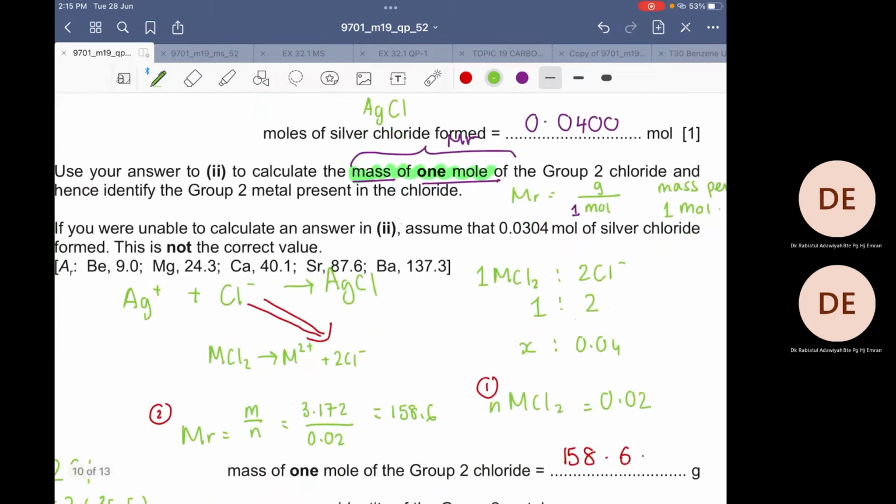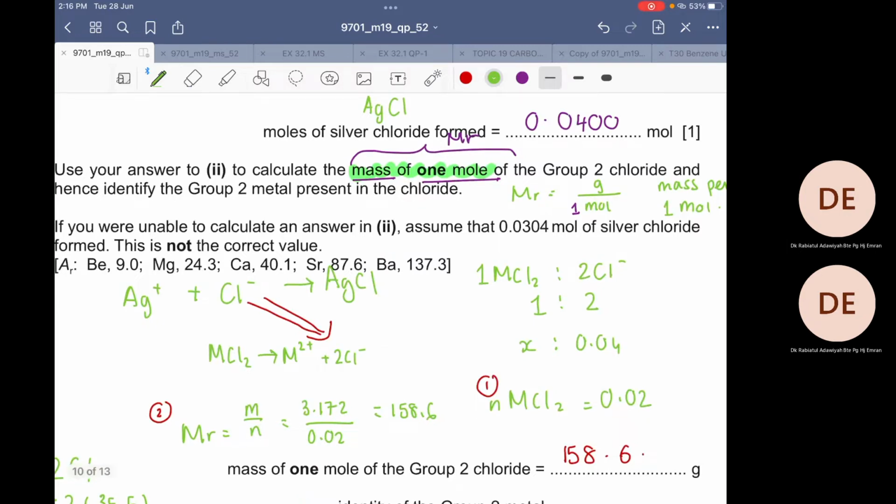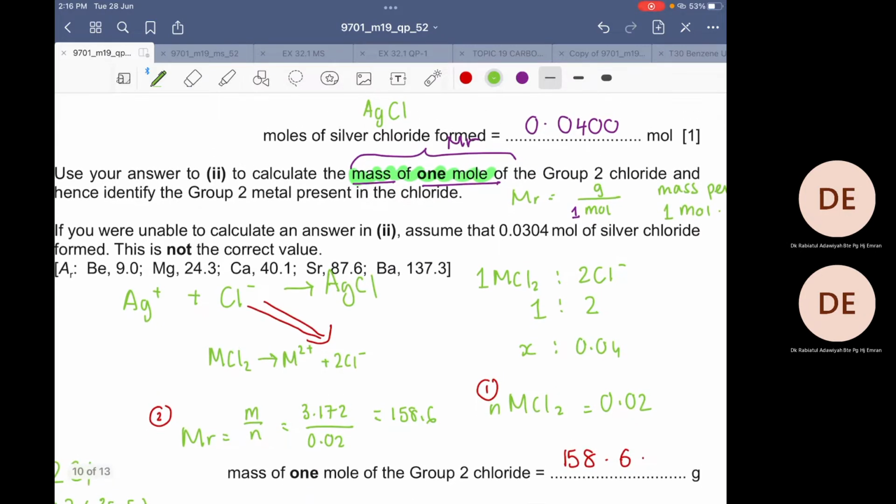Okay, if I know the Mr of my metal chloride, how do I find what the metal is? What do I do? I know the Mr of this MCl2.